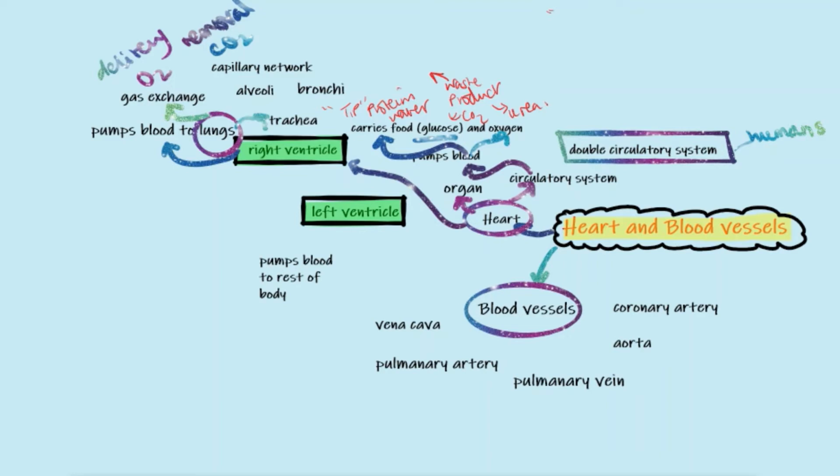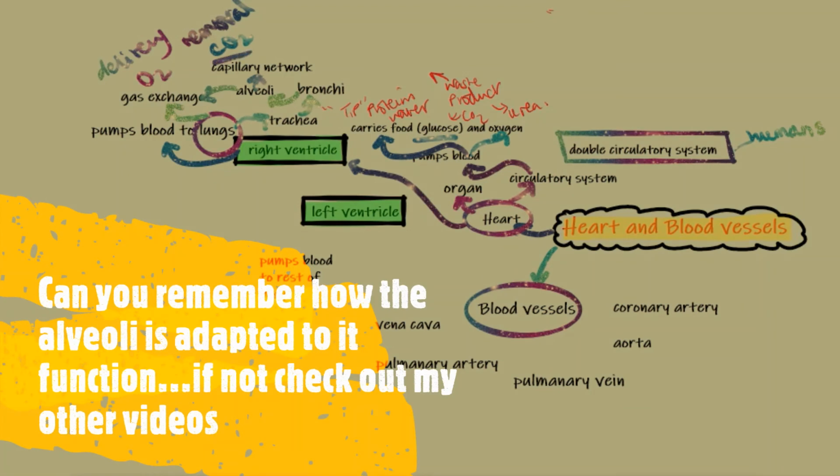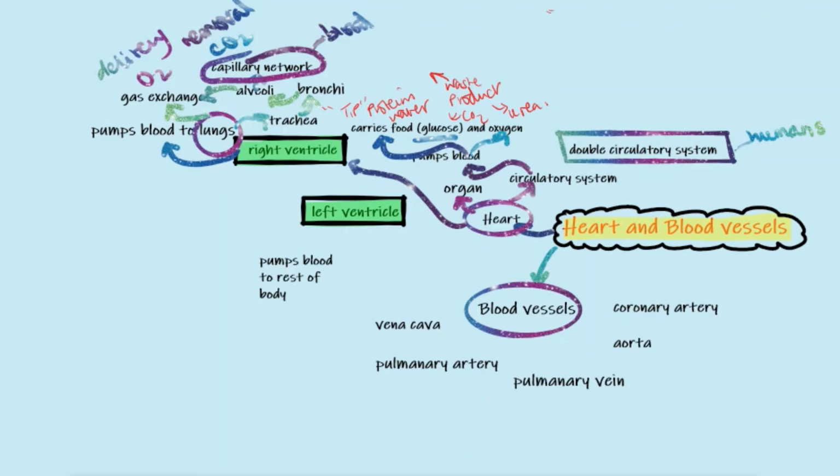The lungs are associated with the trachea, the bronchi and the alveoli, which is where the gas exchange takes place. The alveoli are surrounded by lots of capillary networks which contain the blood and allow the gas exchange to take place. If you've been watching my previous videos, you will know that we've covered this.